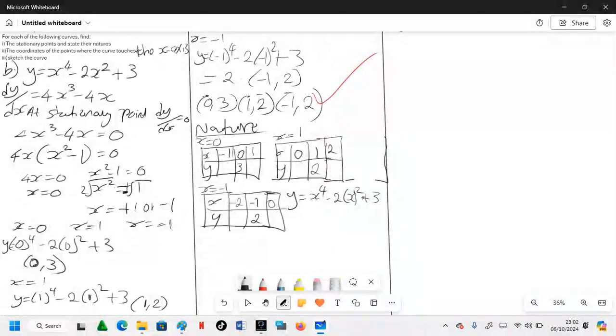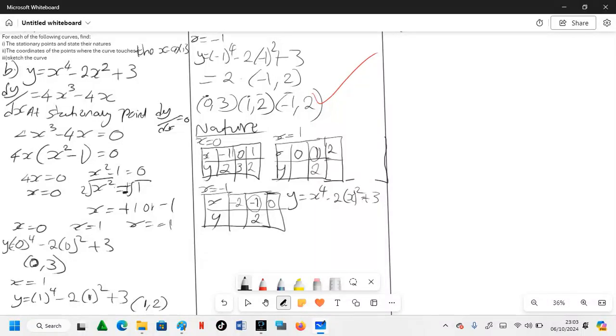So the answer is going to be 2, right? Oh, there's negative 1 here. You don't even need to put it in a calculator. And then there is a 1 here. So this answer is definitely 2, right? So what we need to put in a calculator is negative 2.